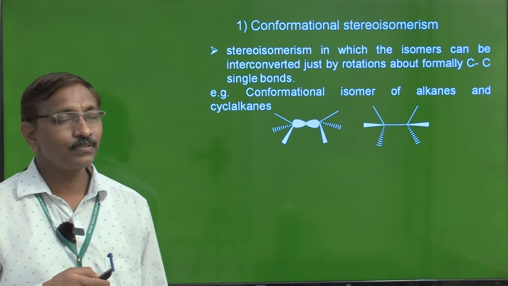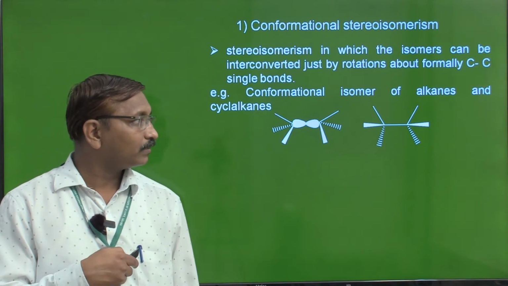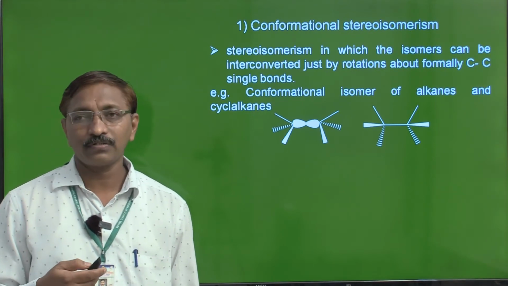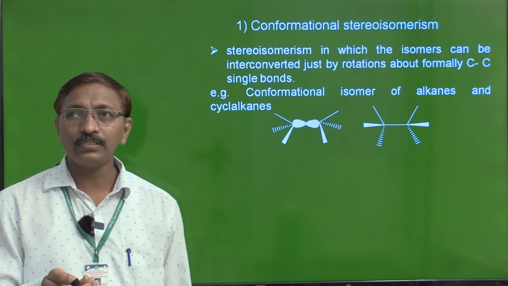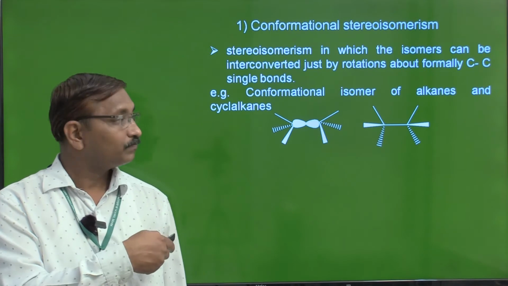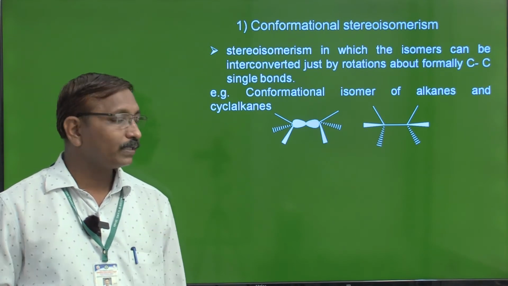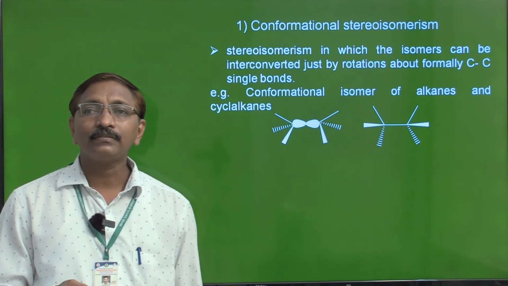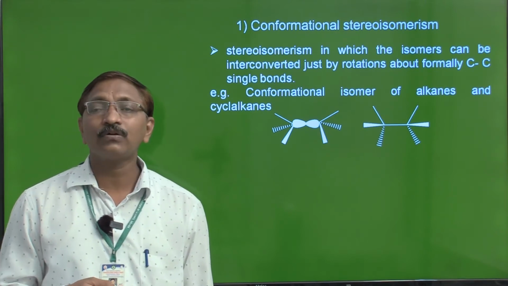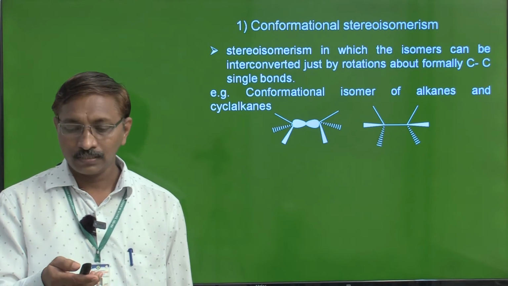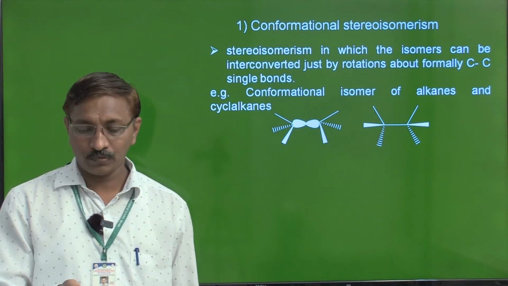Here we take one simple example, the 3-dimensional structure of a simple ethane molecule, in which we have seen the orbitals of the covalent bonds, and 3 different groups are attached to each of the 2 carbon atoms of the ethane molecule.